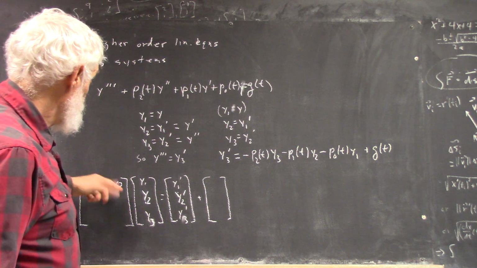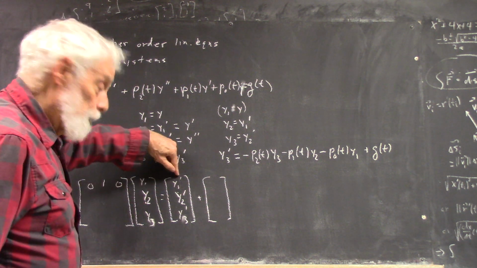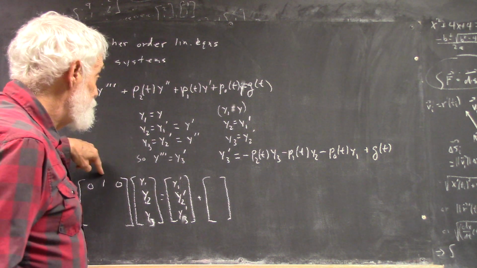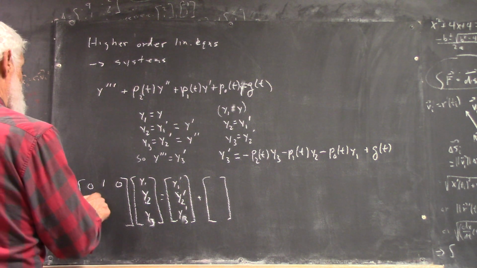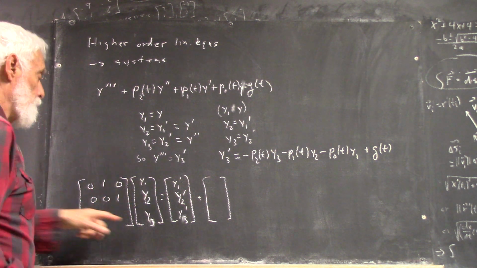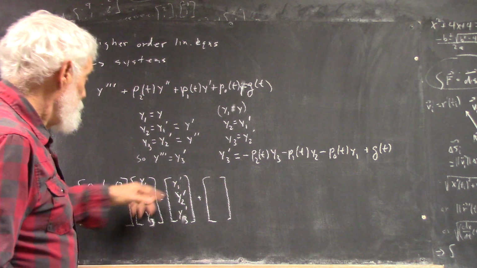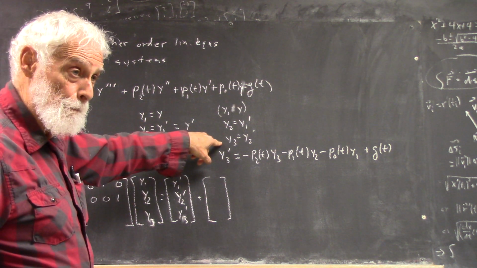So this row tells us 0, 1, 0 times this is y2, and the first row is going to give us our y1 prime. So y1 prime equals y2. Second row is 0, 0, 1, which gives us y3 is equal to, well, what's in the second row here? y2 prime. Okay?